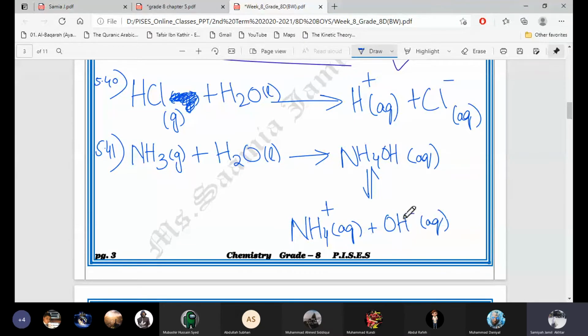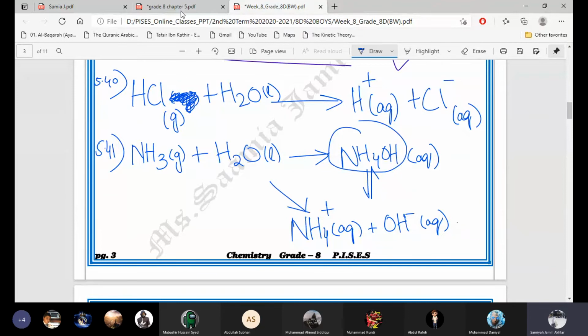Good. So these are the ions which are formed. You can write these ions directly also, without this NH4OH stage. NH3 plus water gives NH4 positive and OH negative.